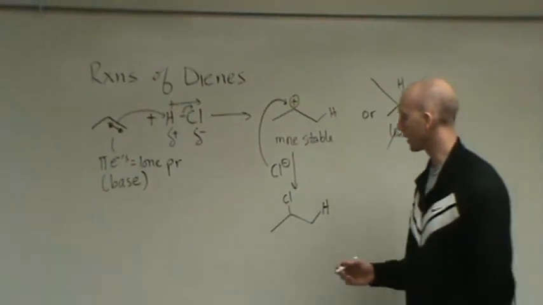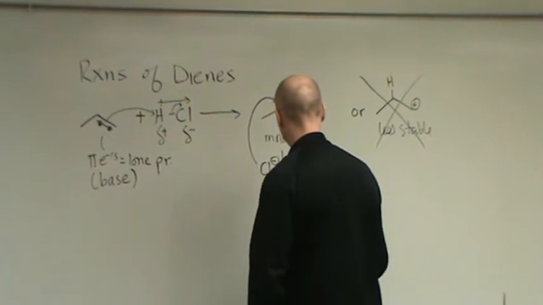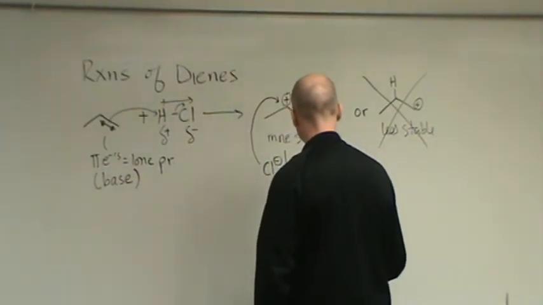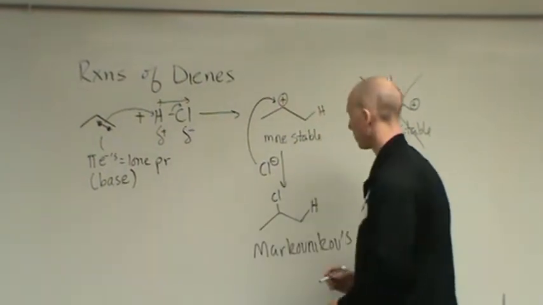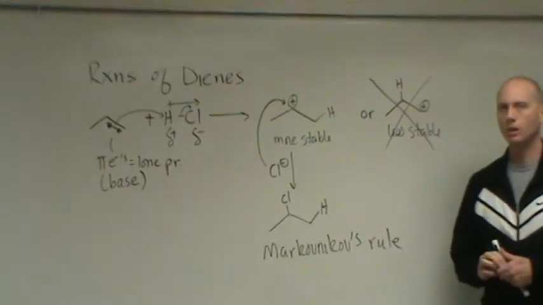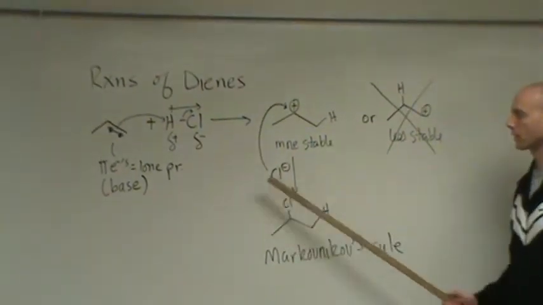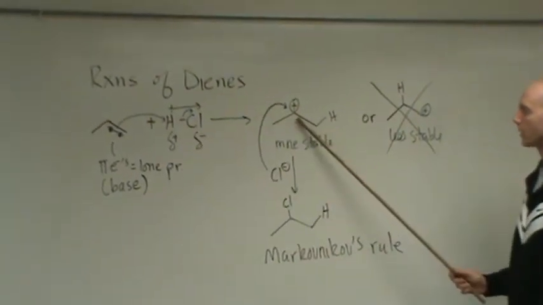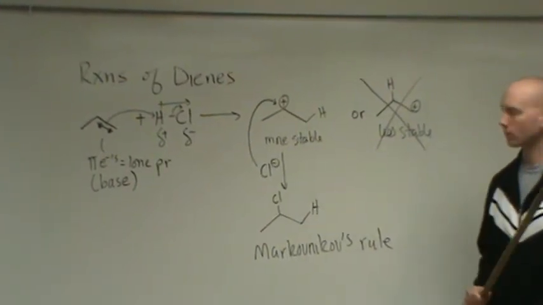And remember, this follows what was called Markovnikov's rule. So what was Markovnikov's rule? It says the major product was dictated by the more stable carbocation forming in the intermediate.